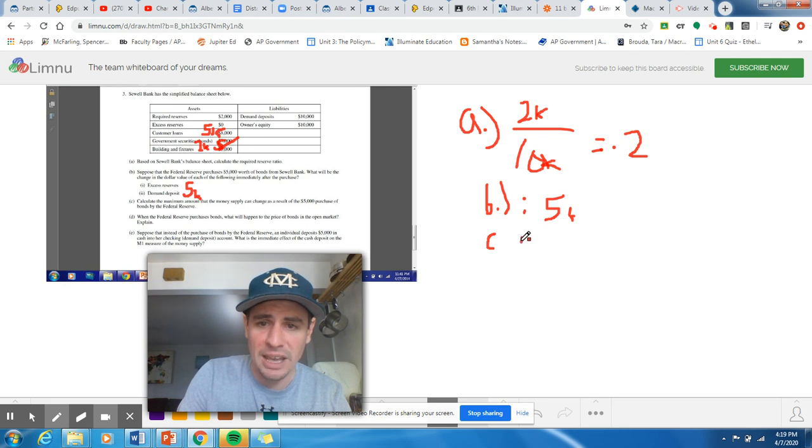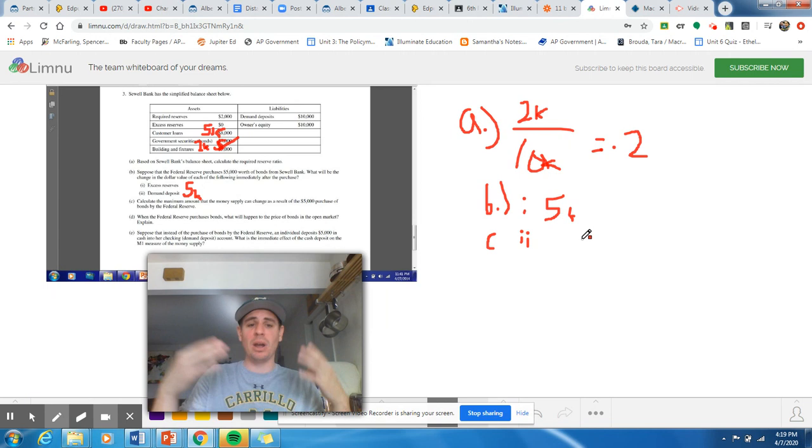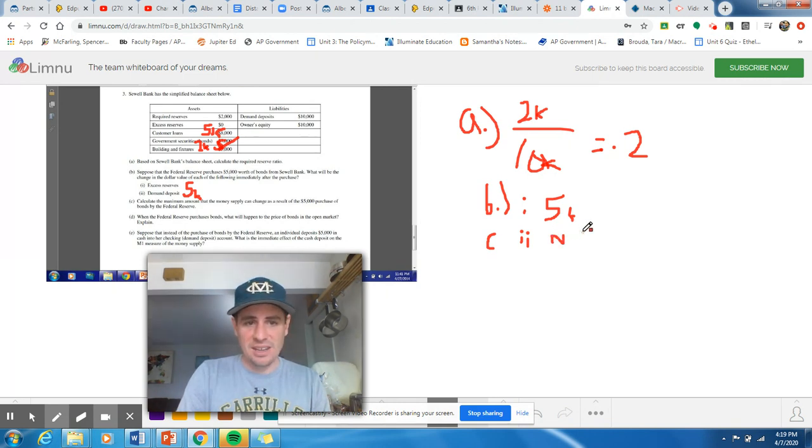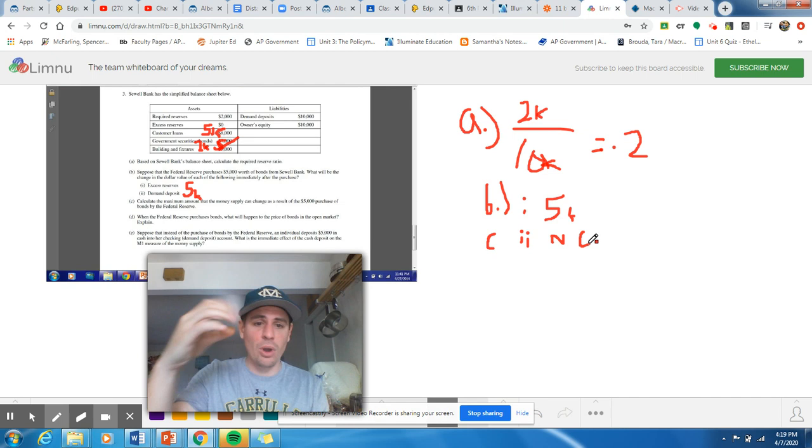Well, in B-I, did demand deposits change? Did anybody deposit any money? Think of it as an individual. No, demand deposits don't change. So the answer to B-II is NC, as in no change. They're not asking you to explain. No change is perfect, or 0.